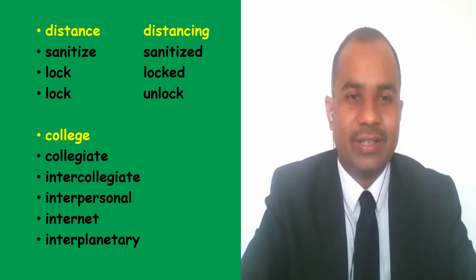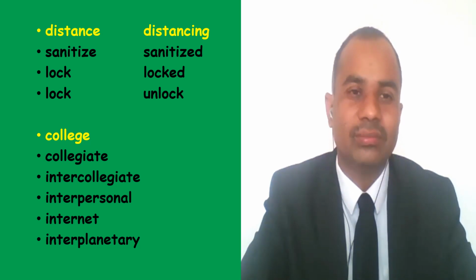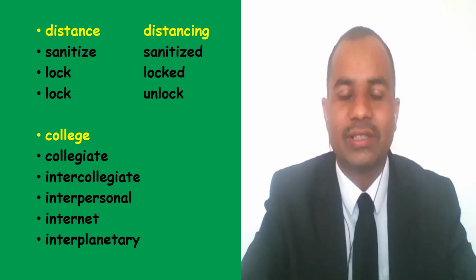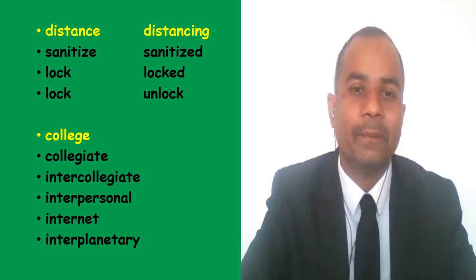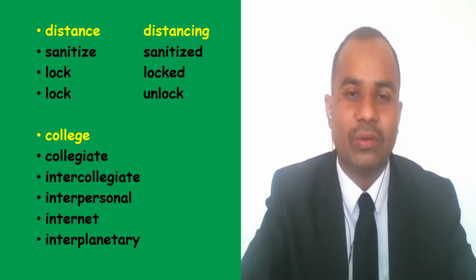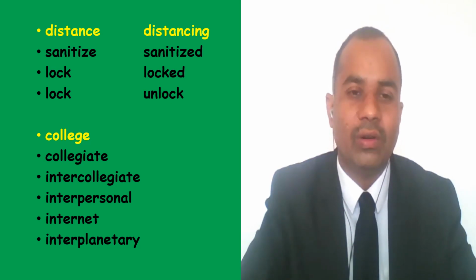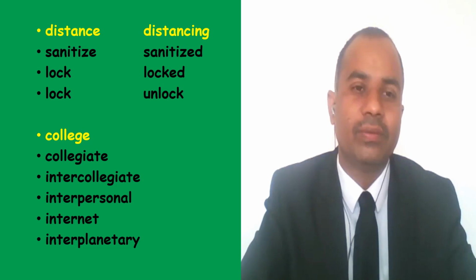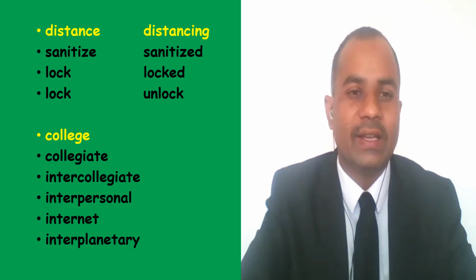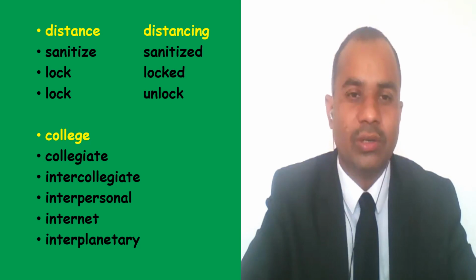We have interesting words in current scenarios: distance, distancing, social distancing, which is actually physical distancing. So we are using ing. Then we have sanitize, sanitized, which are verbs, and lock and unlock, or locked. Distance is a noun, and distancing we make a verb.